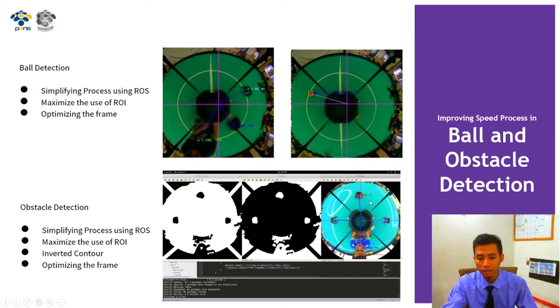After the green color, I invert it, so the result is like this. This is the threshold of green color, and then I invert, so we can see the obstacle becomes white. This is the obstacle. I think this inverted contour cuts more process, so the speed is higher.